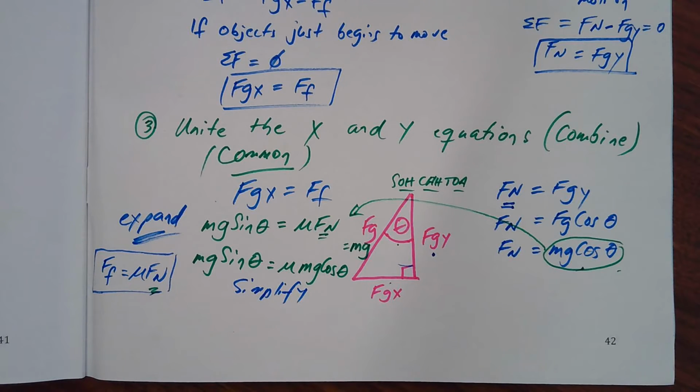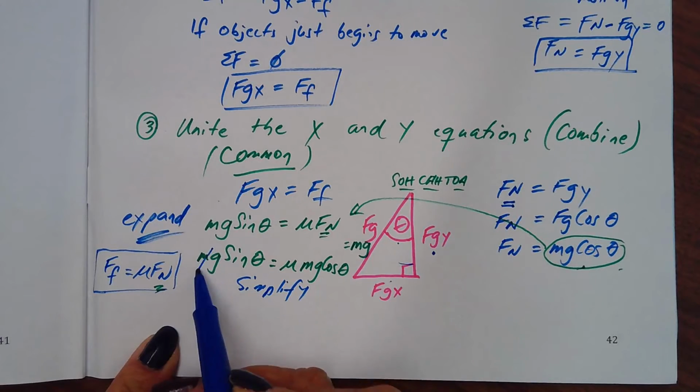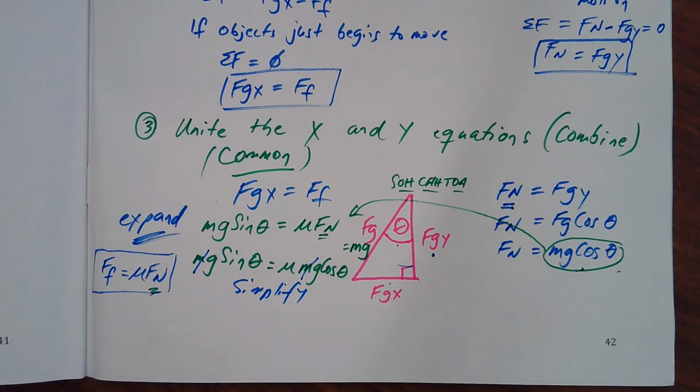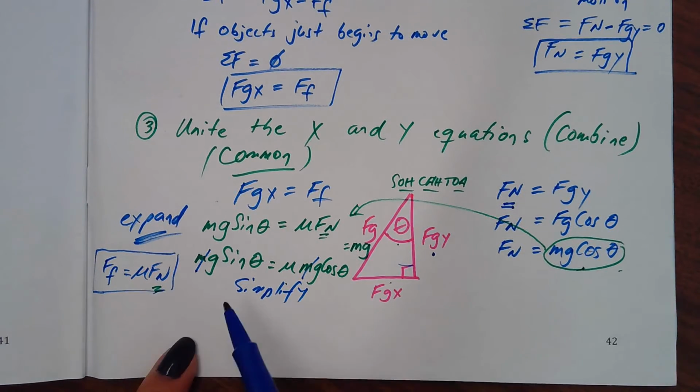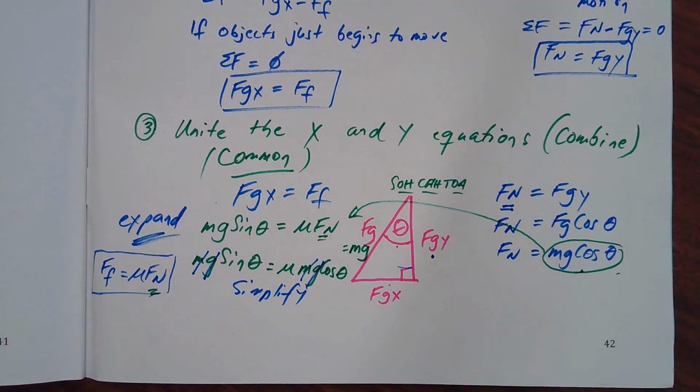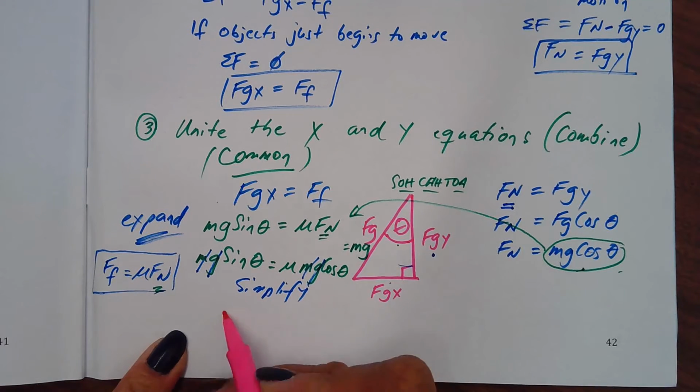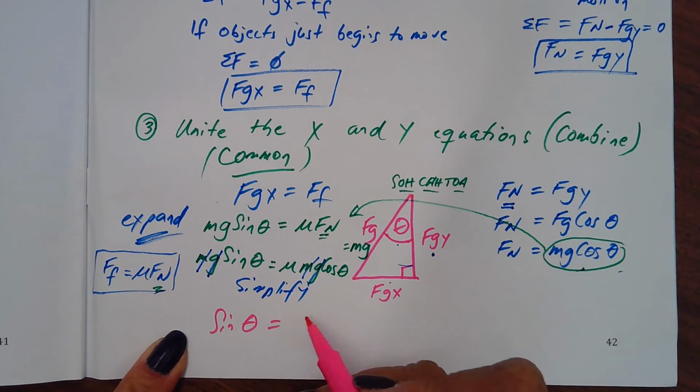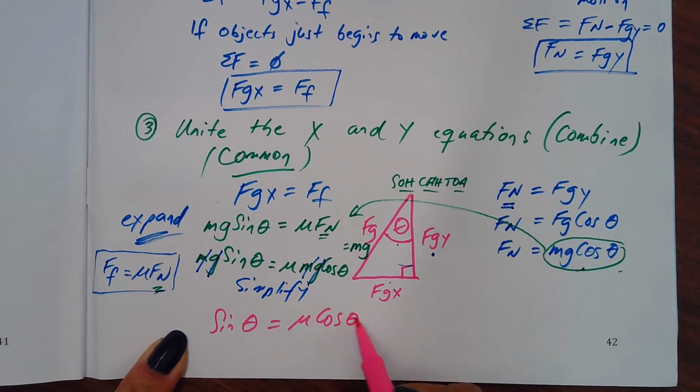What do they have in common that you can get rid of? Mg. This mass will cancel this mass because it's the same mass. It's the same object, right? The g will cancel on both sides. Look at what you have. Can you tell me what we have here? We have sine theta equals mu cos theta. So far, right?